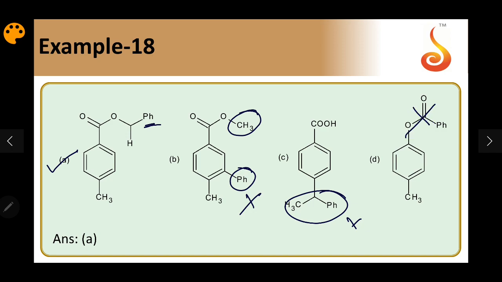So option A is the only possible product in the given answers. So remember CH2N2, any diazomethane, or both hydrogens of diazomethane can be replaced by different groups. Always it is getting inserted between the OH bond to form the corresponding esters.